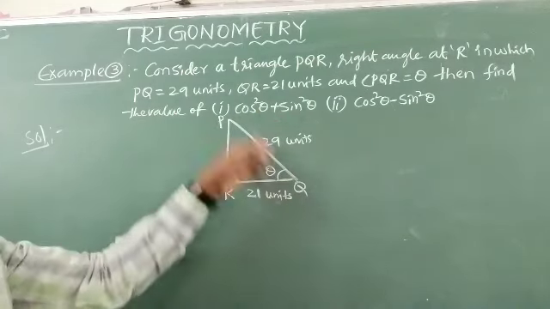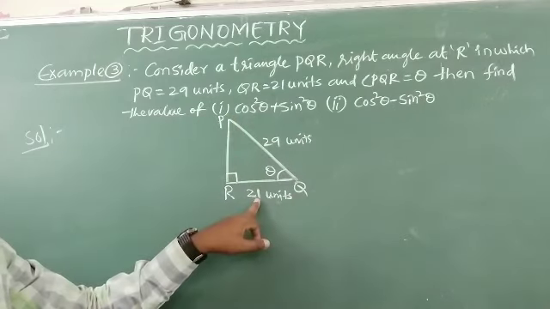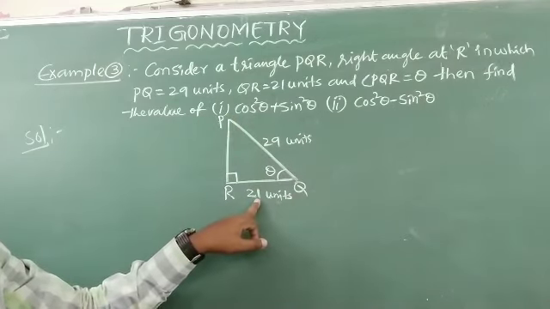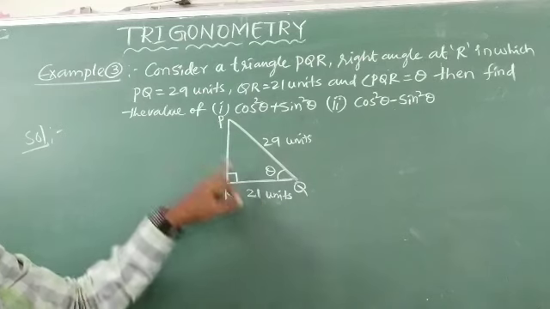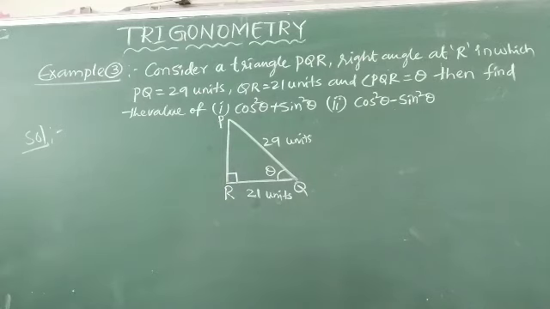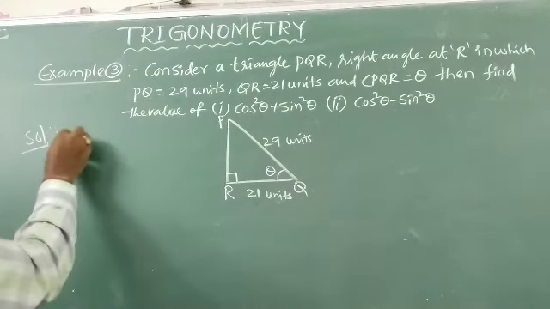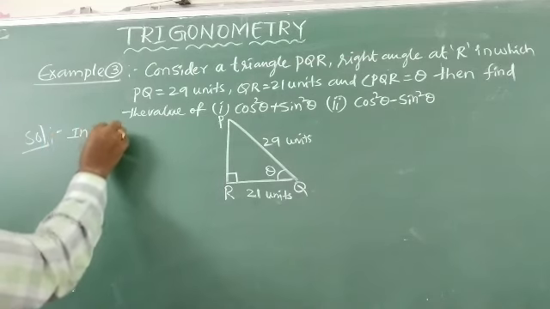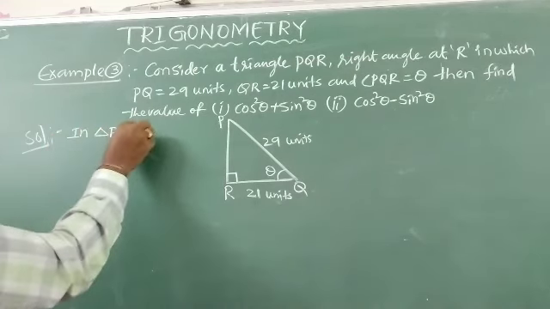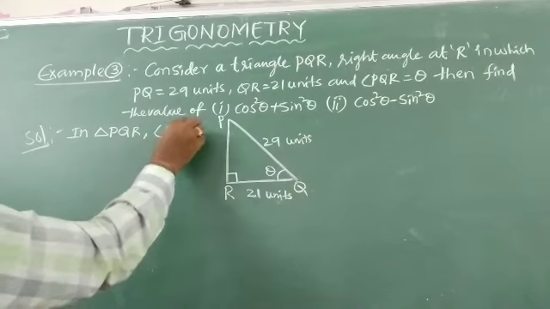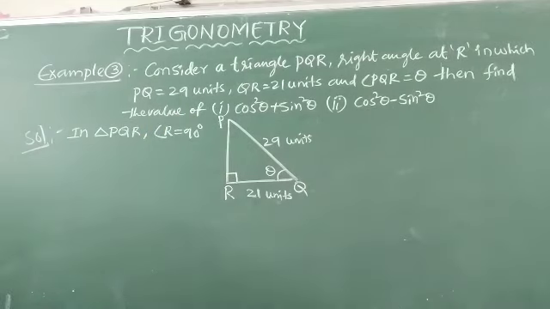But in this right angle triangle we know only two sides. By using Pythagoras theorem we have to find the third one, the PR length. Then after we can find any trigonometric ratio values. So first, the given values: in triangle PQR, angle R equals 90 degrees, means right angle triangle.